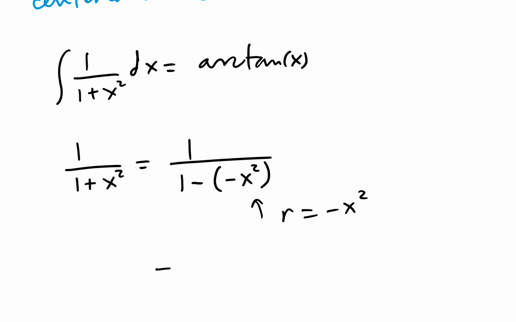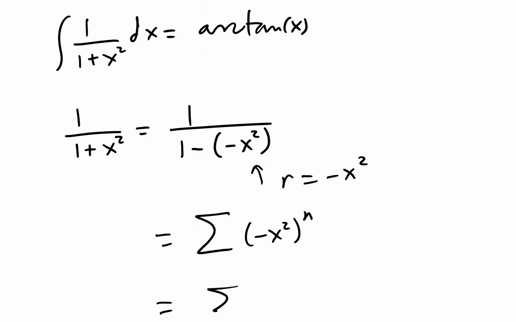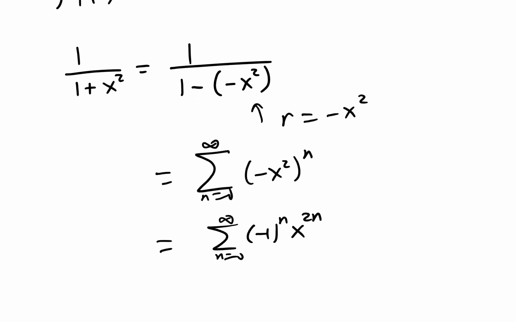I can substitute that into the formula, which should be r to the n, which is negative x squared to the n. You could rewrite this as the sum of negative 1 to the n, x to the 2n, where n ranges from 0 to infinity. That's the power series representation for 1 over 1 plus x squared, not arctan.